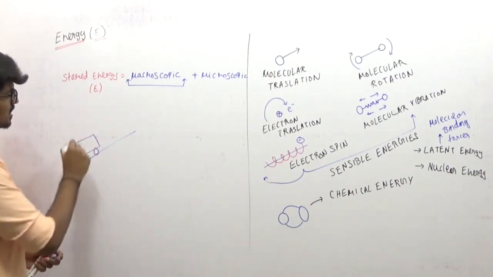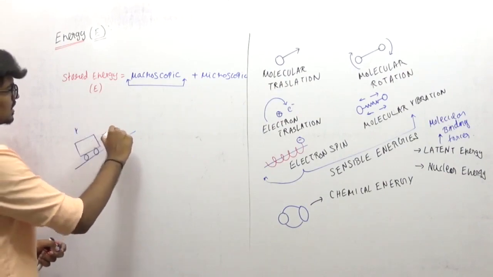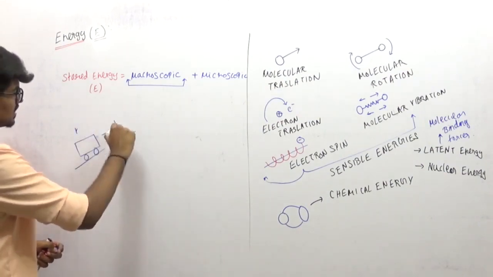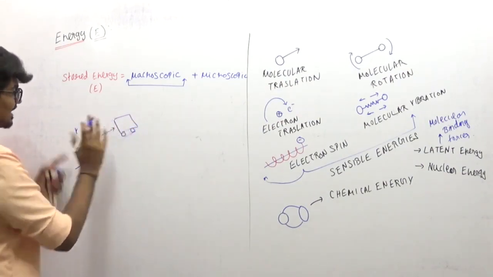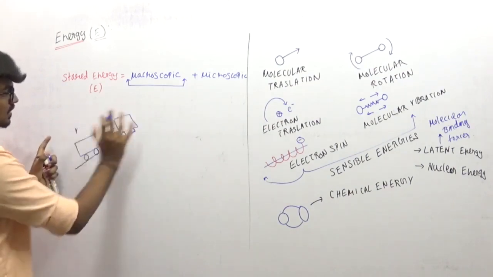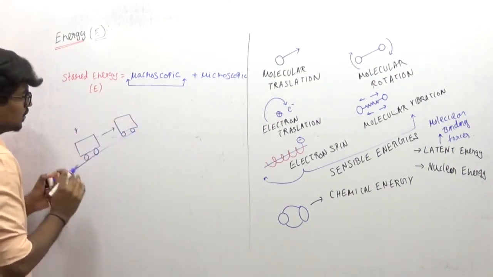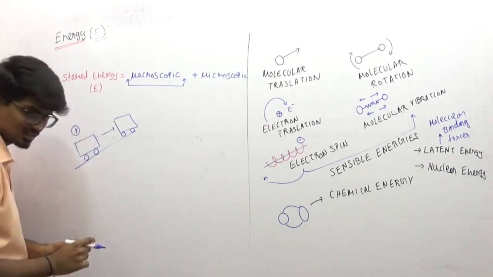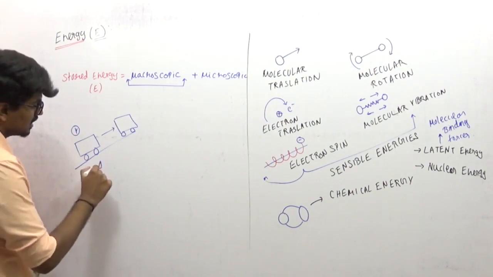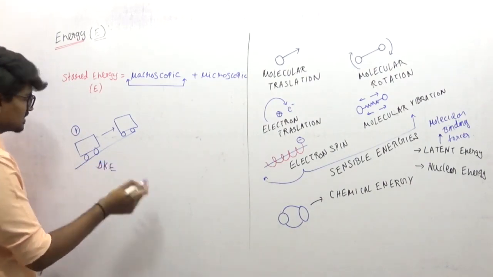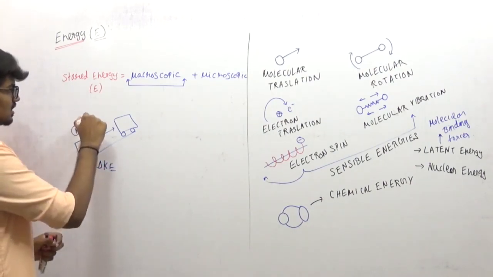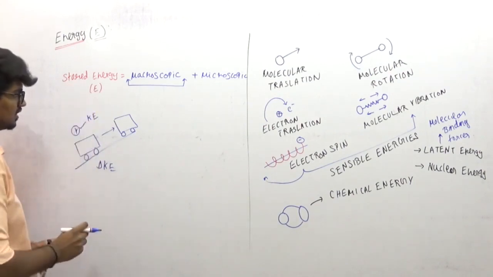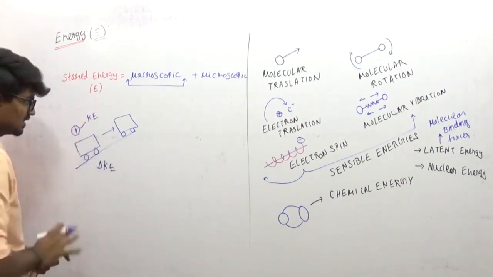Initially the bus will have some velocity, and once it is climbing, the velocity will change. As a whole, the bus velocity will change, and corresponding to this velocity change there will be kinetic energy changes. The energy associated with velocity is kinetic energy.